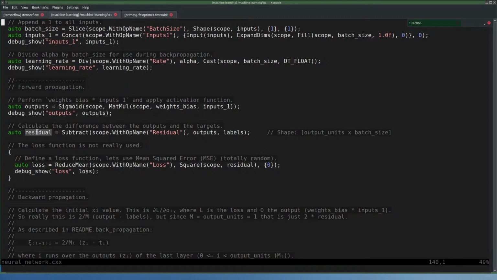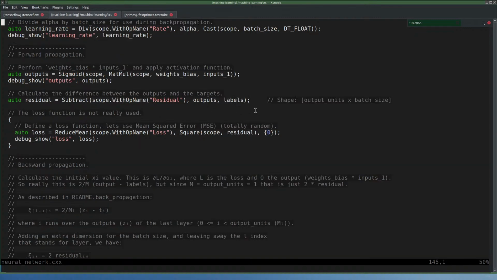Residual is then a subtract operation, outputs minus the labels. Labels are our targets. The loss function is not really needed, so I define and print it here, but no. What we do want is to know the derivative.